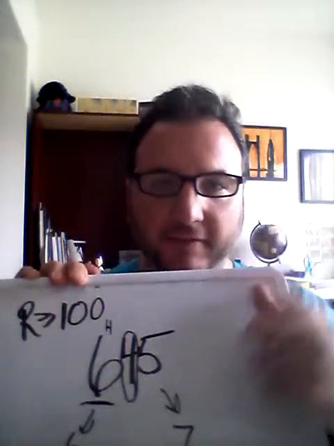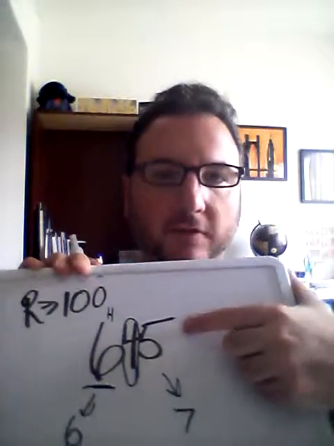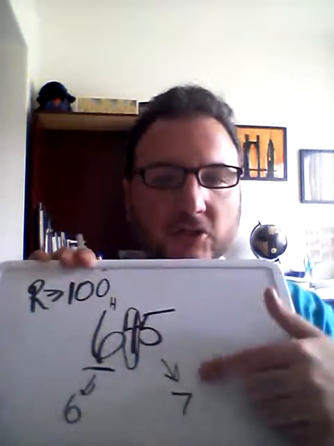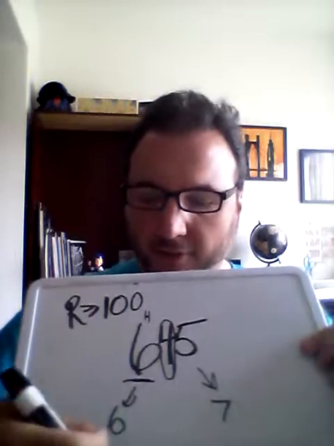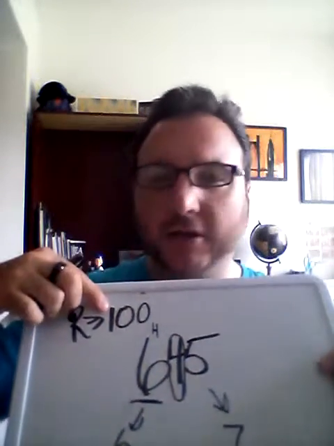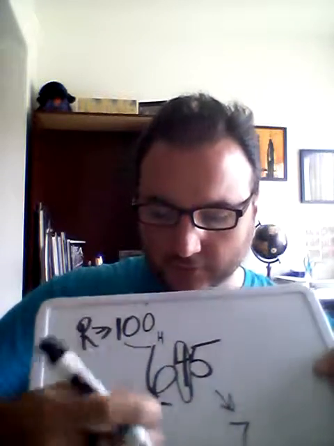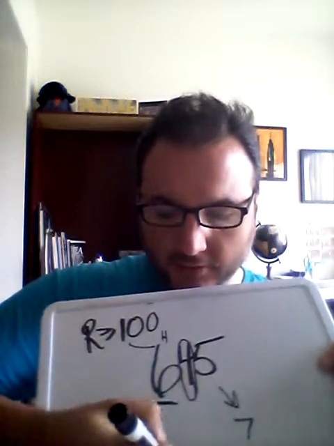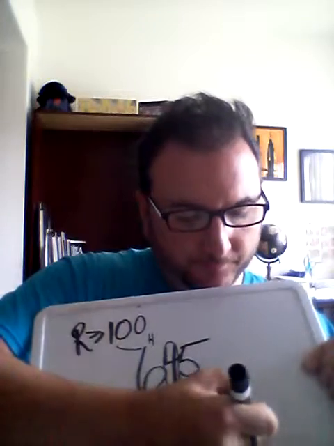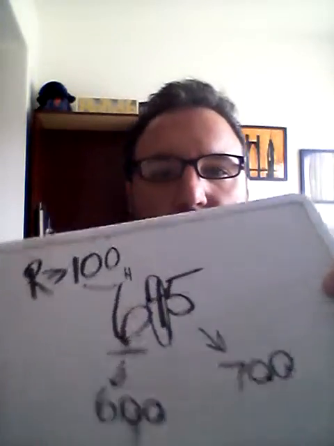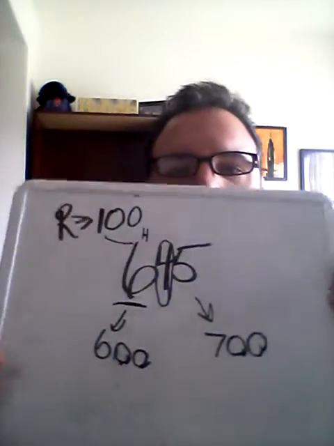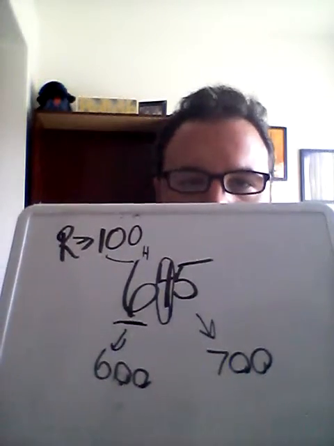Just because it's near the 5 means nothing. Just put the 7 down, like your regular counting. Because I'm rounding to the nearest 100, I know I'm dealing with 2 zeros. I'm going to put 2 zeros on each side. So in reality, I've got a 600 and a 700.